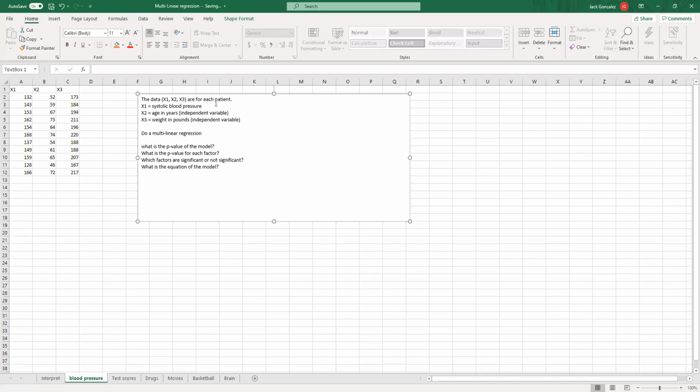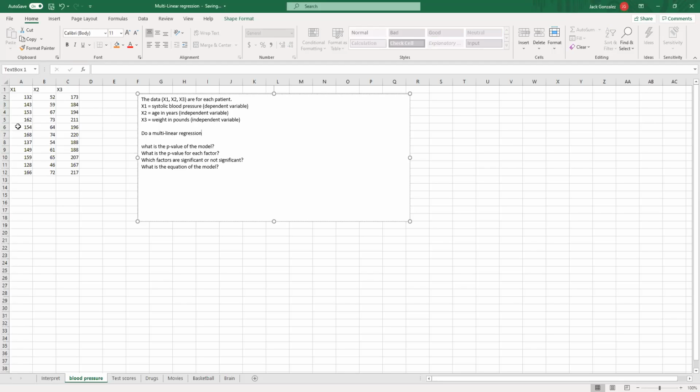So the dependent is the y, and that's the one you need to identify first before you do anything. So these two factors, x2 and x3, are going to impact x1. So we're going to do a multilinear regression, meaning you have more than one factor affecting an outcome.